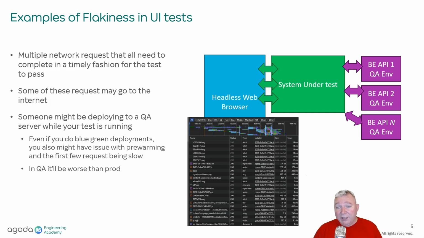And so as you're running your tests, if you're relying on infrastructure like QA or staging environments for your tests to run, sometimes they go offline. Sometimes someone might be patching it or deploying something to it. And even if you do have blue-green deployments, you still may run into issues where your pre-warming takes a while, or your warming takes a while because you're not pre-warming.